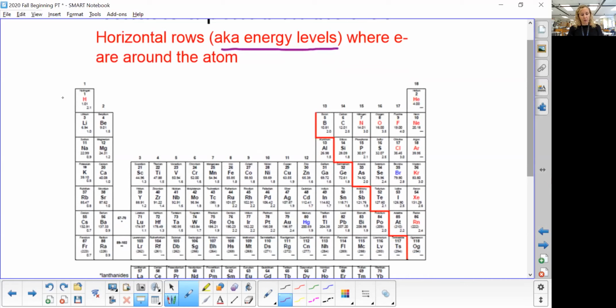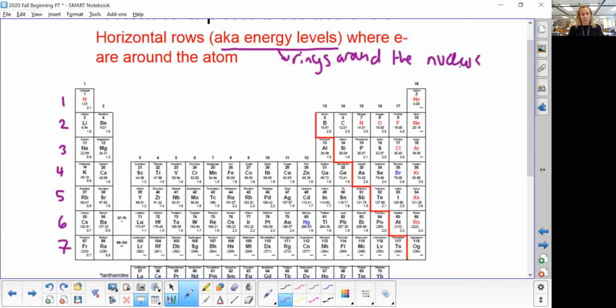Most periodic tables don't label the sides, but you would just go down here and label 1 through 7. Those refer to the energy levels, the rings around the nucleus where electrons can go.